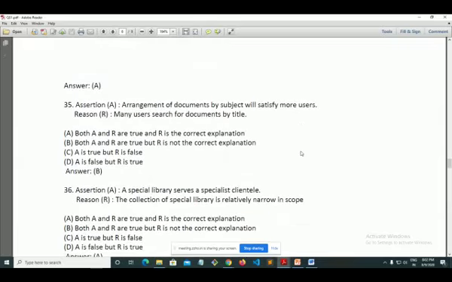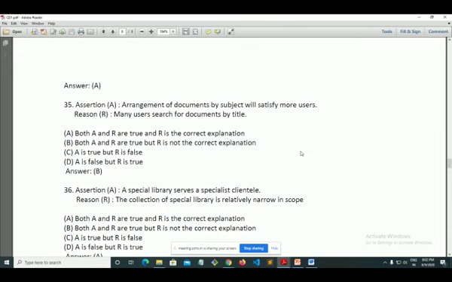Another type is where there are two statements, assertion and reason. Look, number 35. Assertion: arrangement of documents by subject will satisfy more users. Reason: many users search for documents by title. Four options are there.